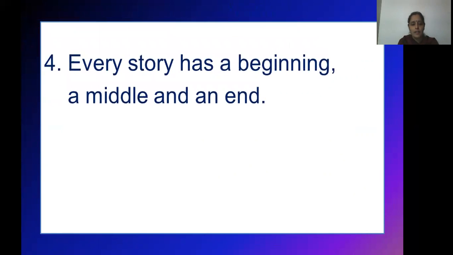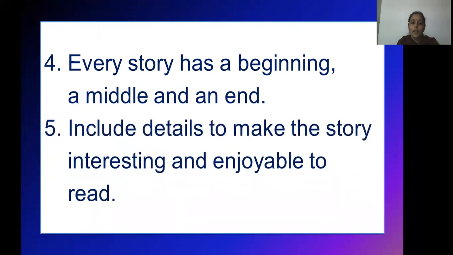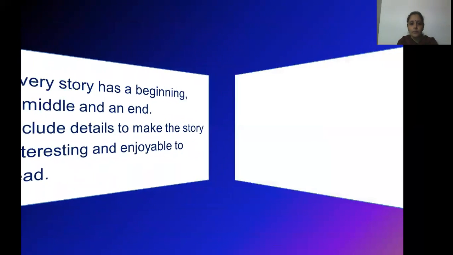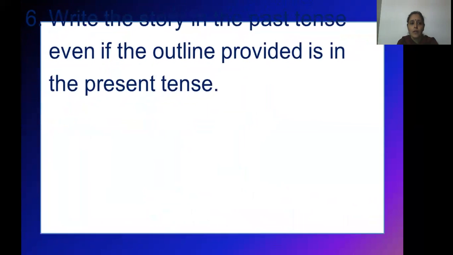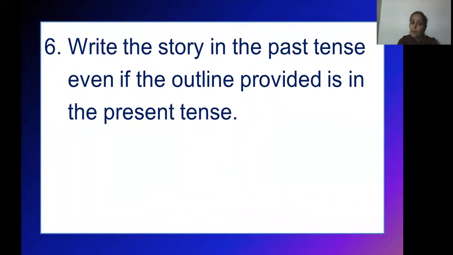Every story has a beginning, a middle, and an end. Yes, we have learned this. Every story has an introduction, the main story, and then a conclusion. Include details to make the story interesting and enjoyable to read. Write the story in the past tense even if the outline provided is in the present tense.